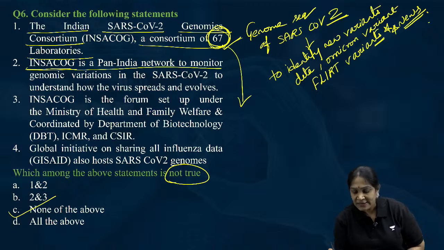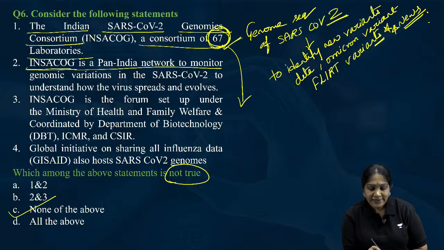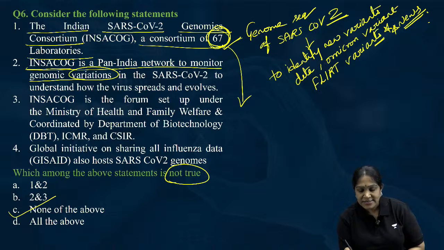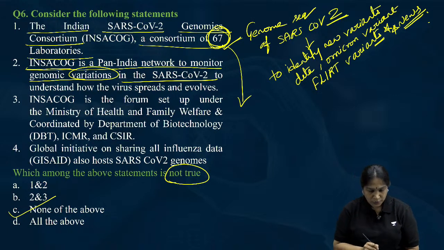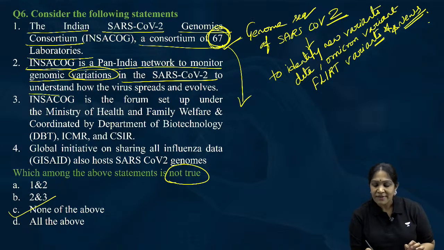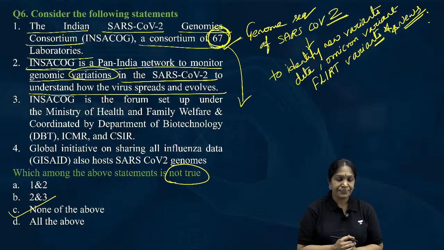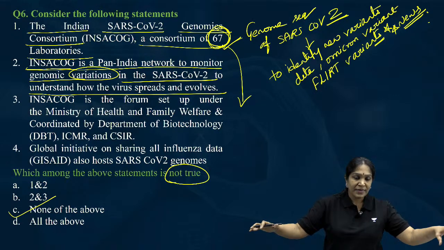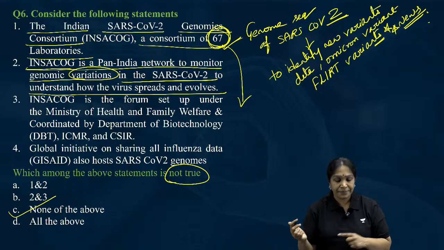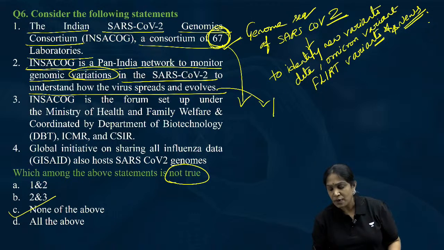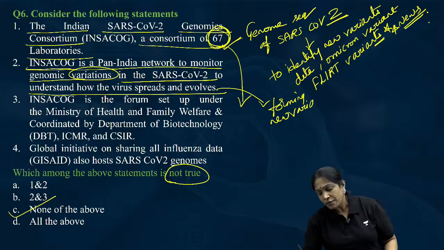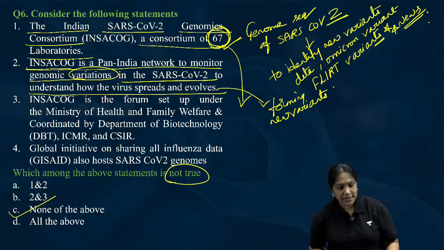INSACOG is a pan-India network to monitor genomic variations in the SARS coronavirus 2 to understand how the virus spreads and evolves. How the virus is spreading. How it is evolving. How it evolves means what? Forming new variants. Is it clear?